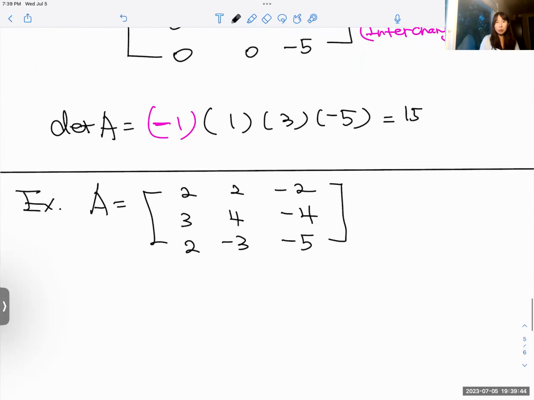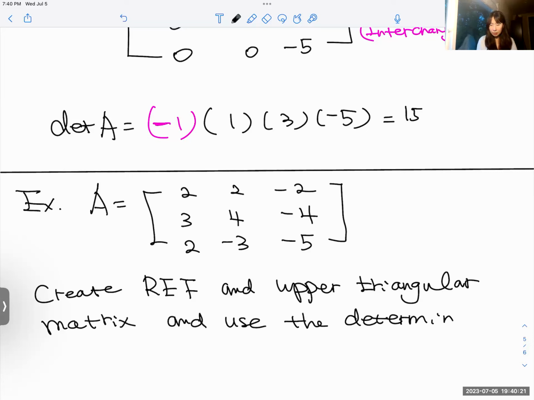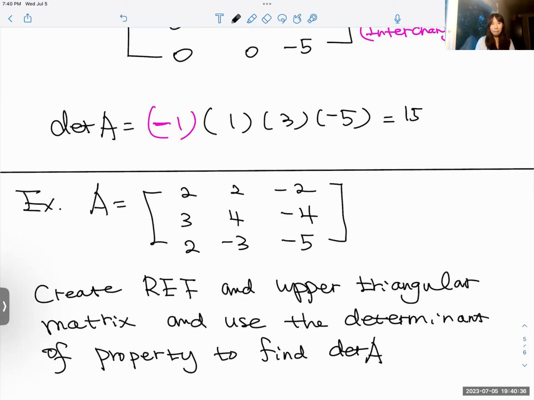So this one, create a row echelon form, not reduced row echelon form, and an upper triangular matrix, and use the determinant properties to find the determinant of it.